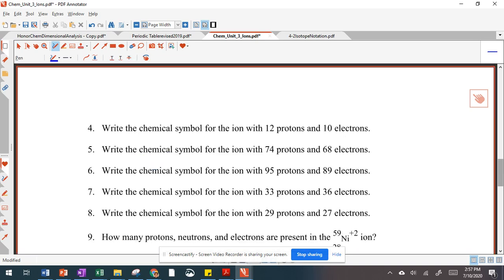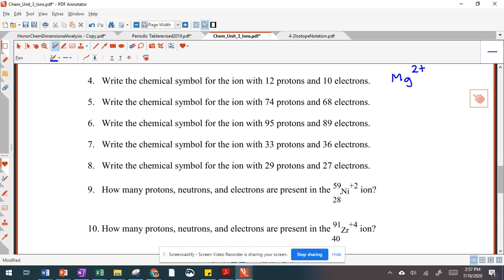On the next page, you're going to have to use your periodic table. The element with 12 protons is going to be magnesium. If it has 10 electrons, it means it has fewer electrons than protons, so it's going to be a +2 charge. That's what you do for 4 through 8. Down here, you're going to use your atomic number to figure out your protons.